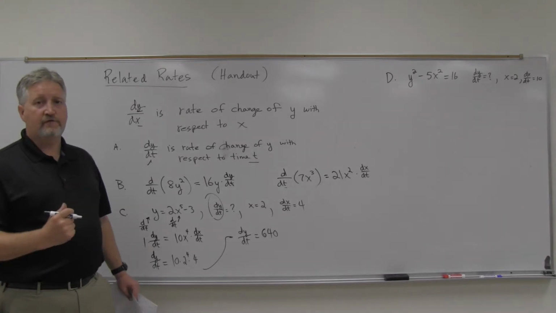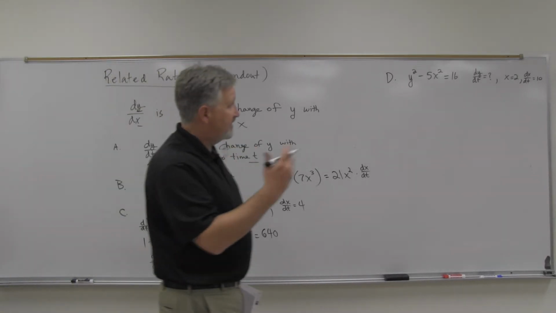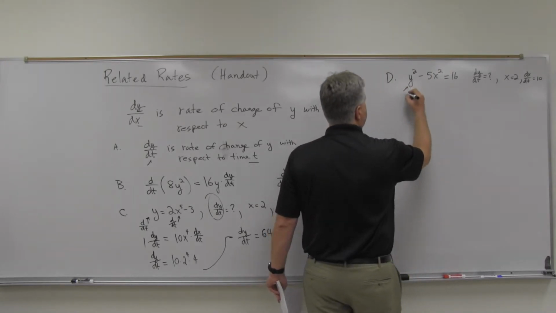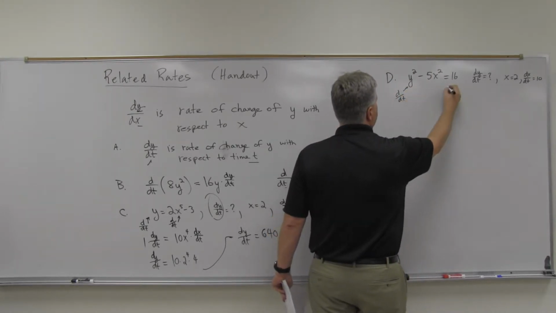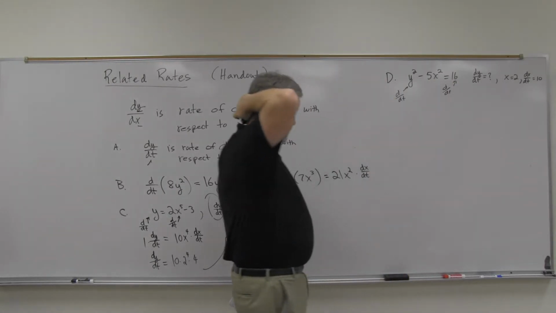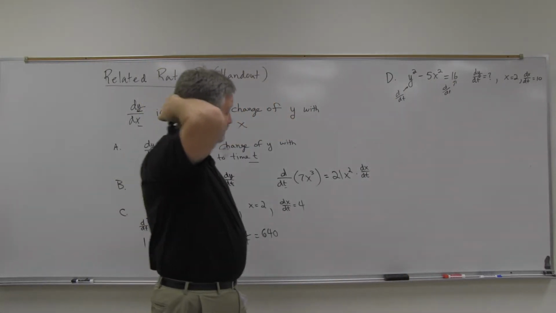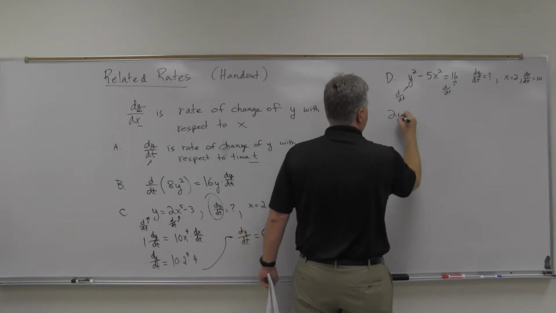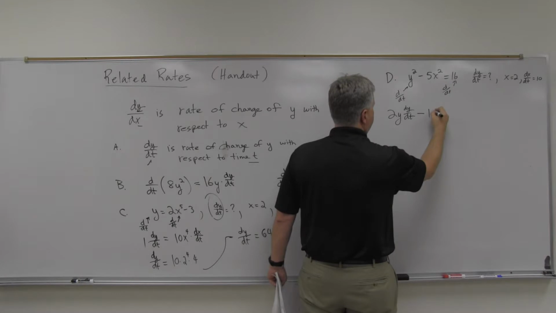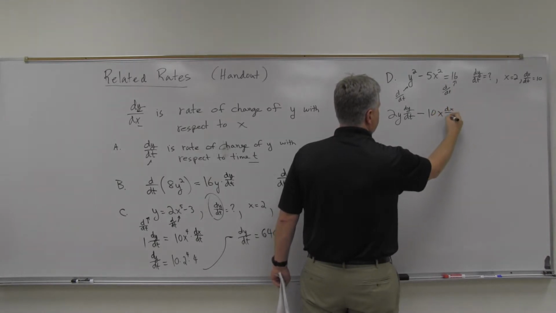I need to find dy over dt, and I've got those other two. So, same deal. d/dt both sides. The left side, the derivative would be 2y dy over dt minus 10x dx over dt.